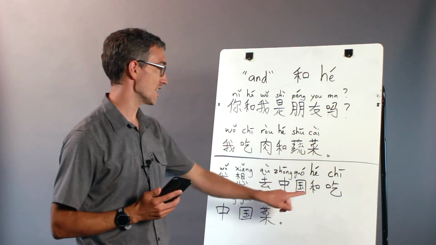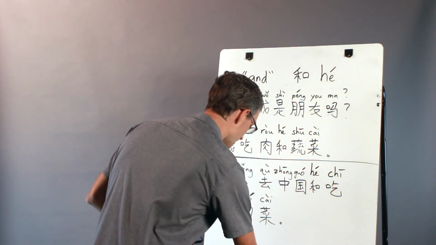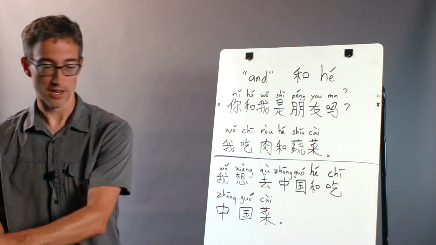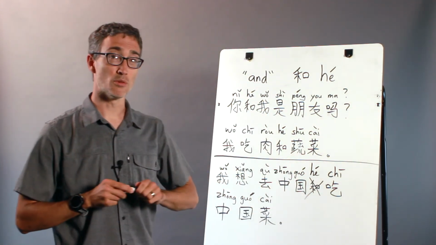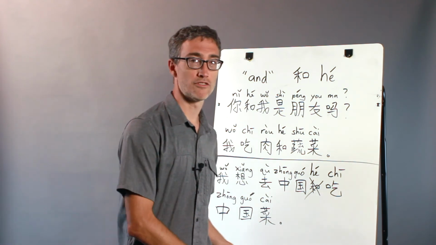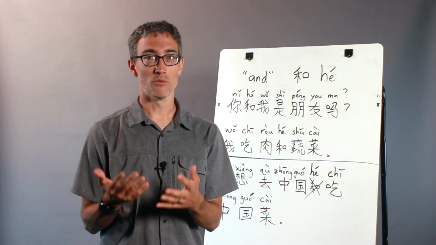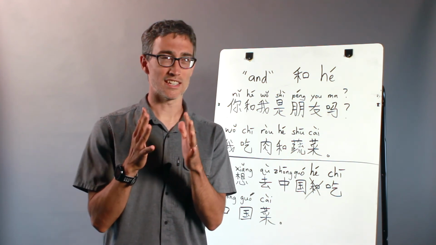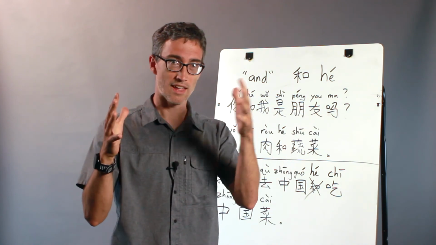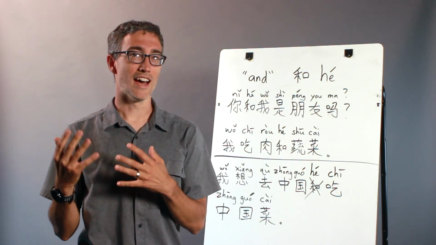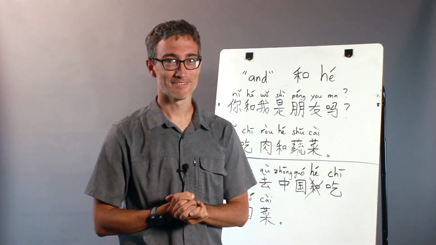In Chinese, you cannot use the word he, that form of and, in this sentence. So I just want to point that out. It's really important that you get this in your mind because it's so different from English. He is how you say and when you're connecting two nouns, kind of like in a list: this and that. But not when you are connecting verbs or phrases. You got it?